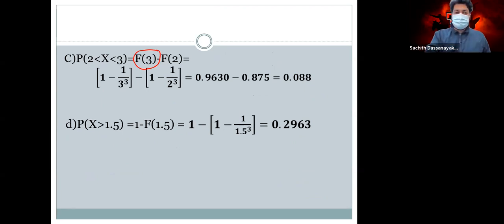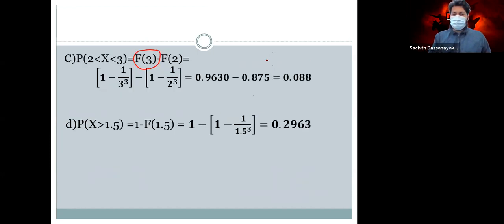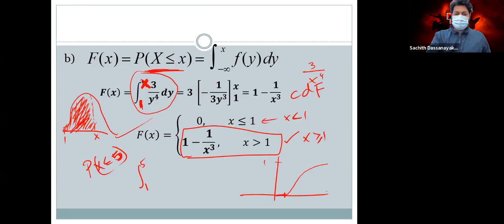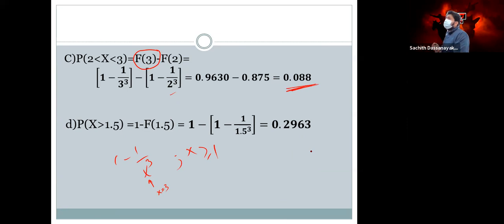So what is the CDF? 1 minus 1 over x to the power 3, for x greater than or equal to 1. So simply plug in these values: F(3), which means x equals 3, plug that in and calculate. Same here, and subtract them. You can find the value.